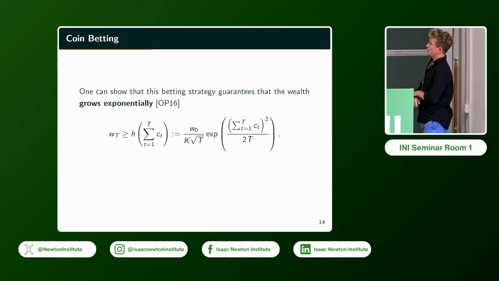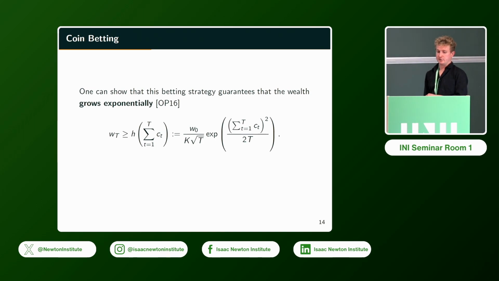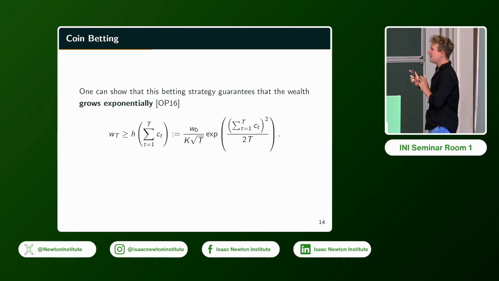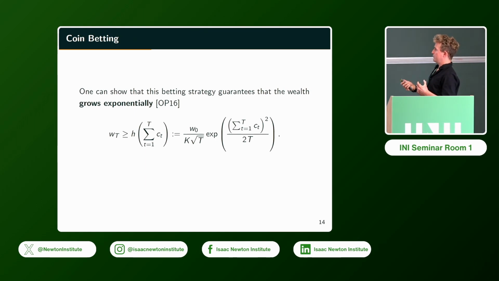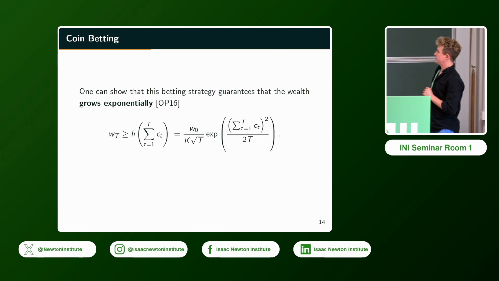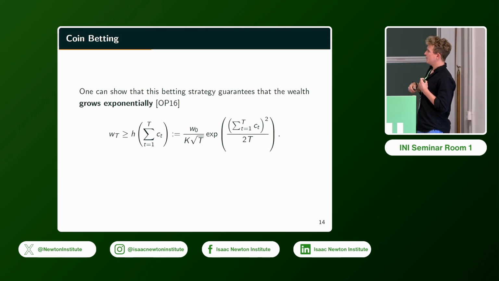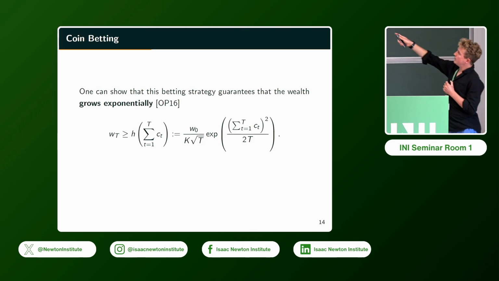Okay, so it turns out you can actually show that using this betting strategy, you can guarantee that your wealth will grow exponentially as a function of the sum of the outcomes squared. This might seem a bit surprising, but think about the strange pathological cases where, for example, you get a heads and then you get a tails and so on and so forth.